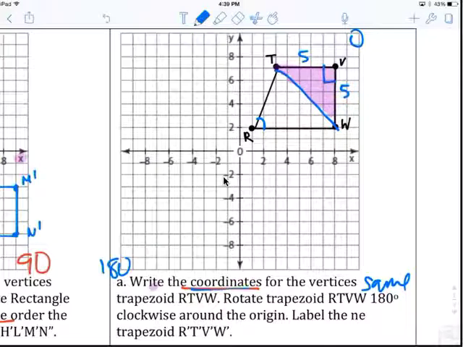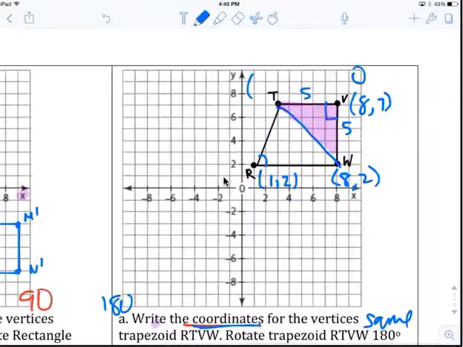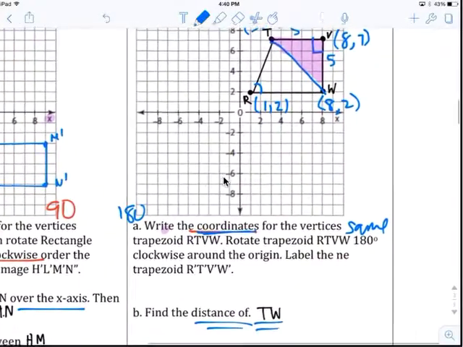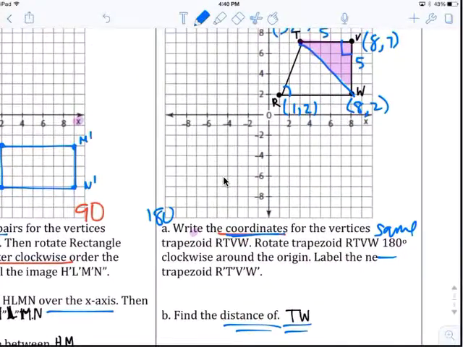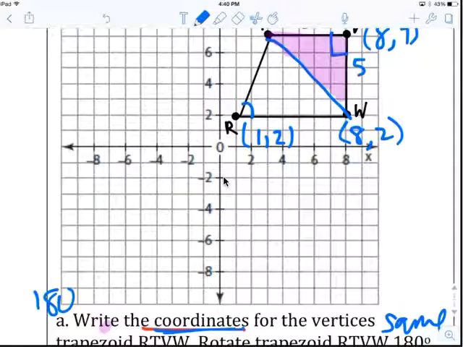Okay, so it says to write the coordinates, so make sure you do 1, 2, 8, 2, 8, 7, 3, 7. 180, it stays the same, so 1, 2, 8, negative 2, negative 8.